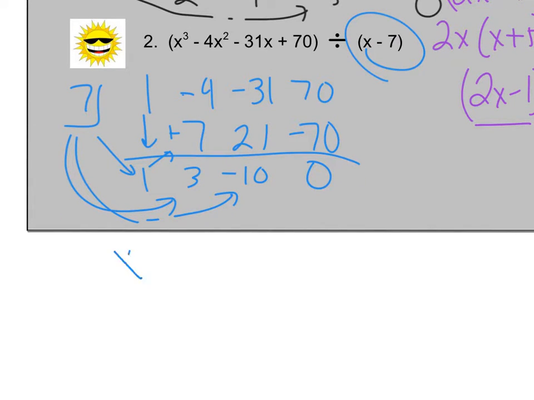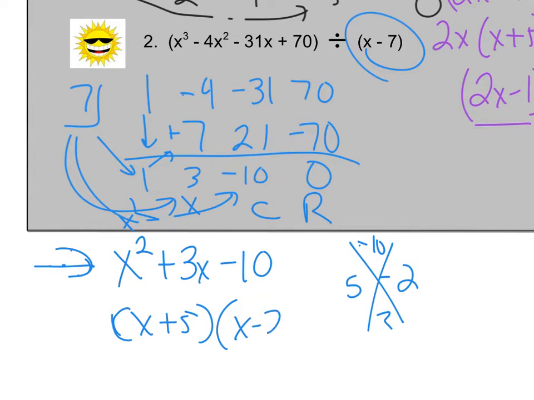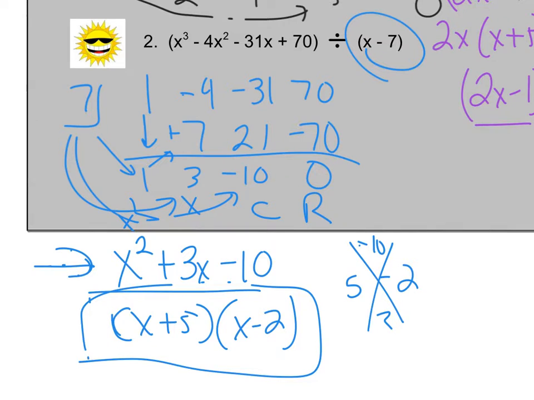I am left with x squared plus 3x minus 10. Remember, remainder, constant, x squared. So if I factor this, what multiplies to negative 10 and adds up to 3? That's going to be 5 and negative 2. So my answer will just be x plus 5, x minus 2. So there are my fully factored answers.